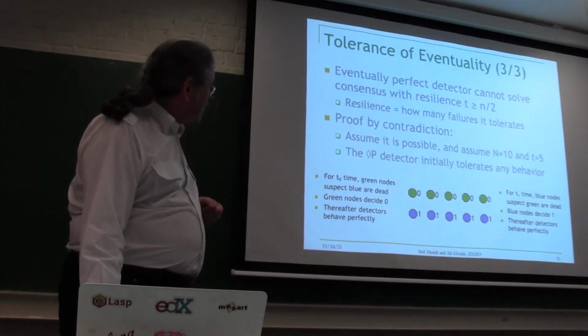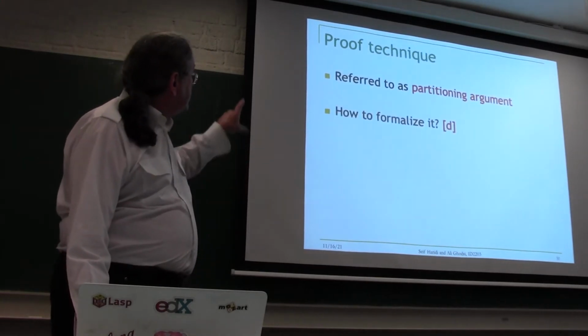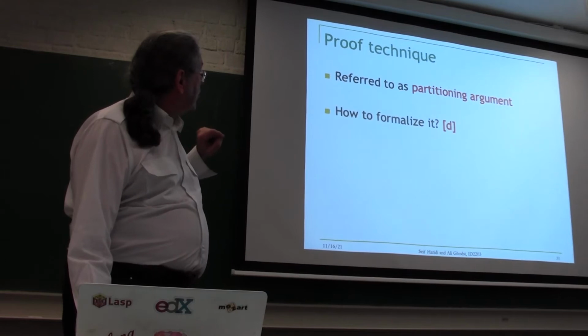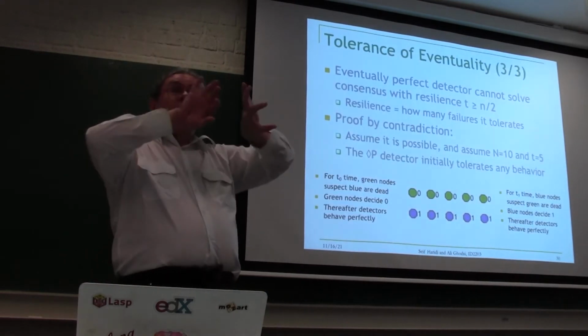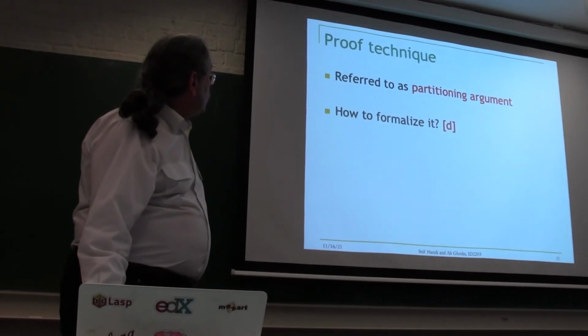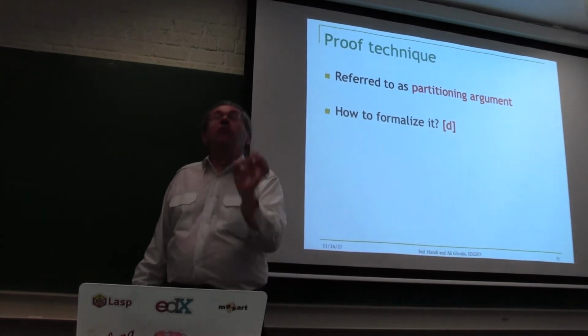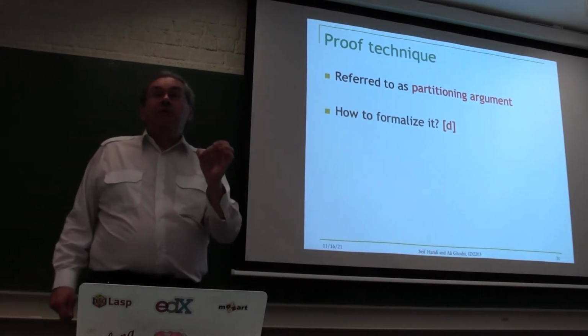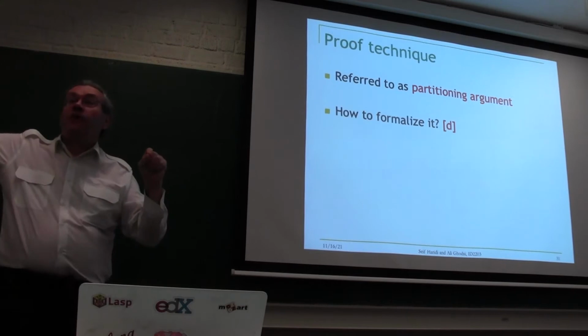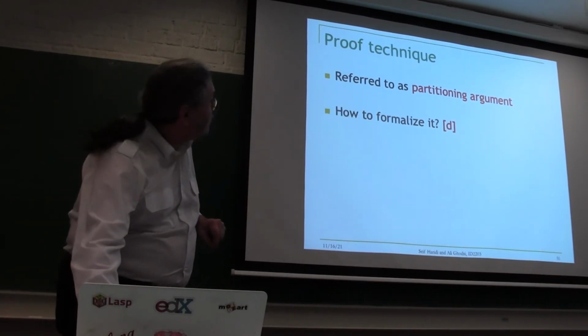So we can formalize this. Let me just give you an idea. This is called a partitioning argument, where you group the nodes into different partitions. The way to formalize this, to make it completely rigorous, is to reason about executions, sequences of events and configurations.